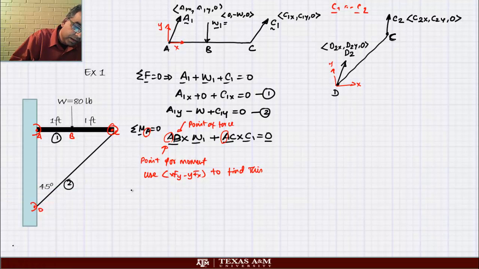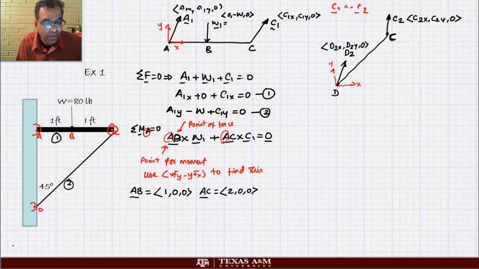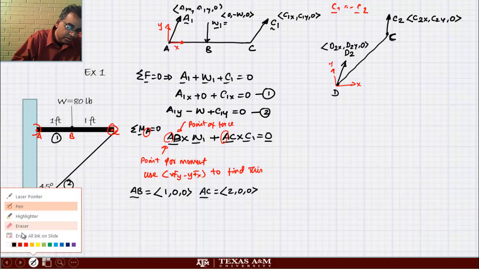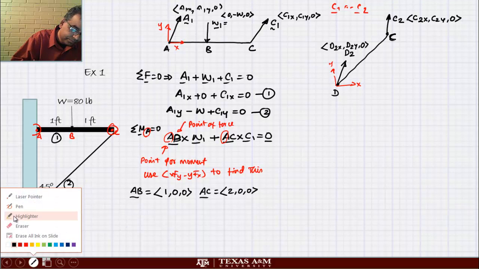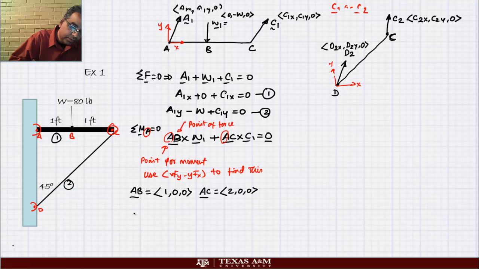There you go. AB has x component 1, 0, 0, AC 2, 0, 0. So you can do xFy minus yFx and all this stuff. You can calculate all of this. I'm not going to waste your time. I'm going to go directly and write down, and I will get, let's see, what will I get?